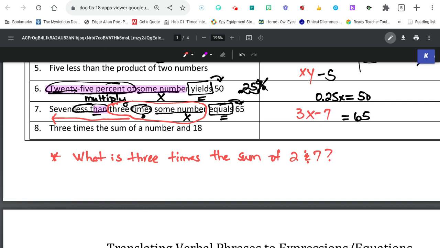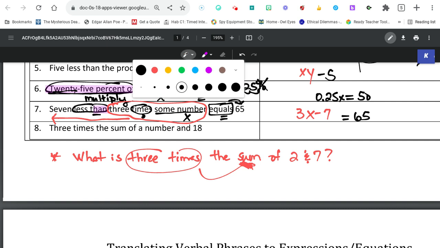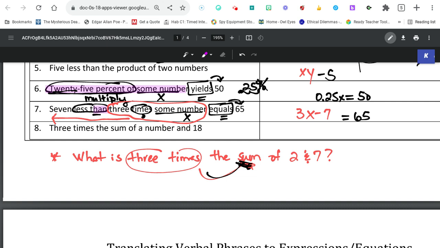So I gotta figure out what 3 times this is. Well, first of all, if I'm trying to figure out what 3 times this stuff is, I need to figure out this stuff first. I need to find the sum of 2 and 7 first. Well, I know the sum of 2 and 7 is 9. And then secondly, I get to multiply 3 times that sum. And so 3 times 9 is 27.